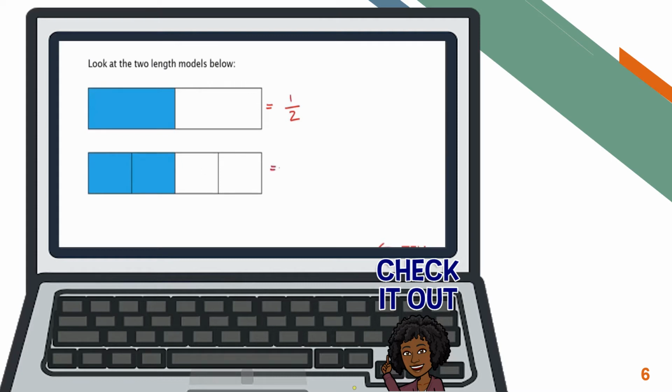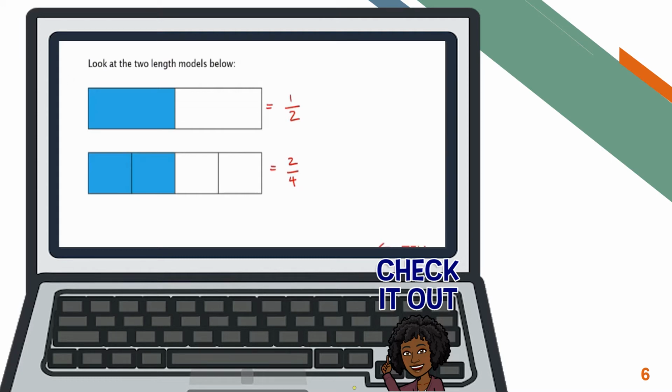This fraction is 2/4. Now if you look at the 2 length models, you will see that the total parts in both add up to the same length. Model 1 shows one part shaded, which is half of the whole, or 1 out of 2 pieces. Model 2 shows two parts shaded, which also means half of the whole because 2 out of 4 pieces is half.